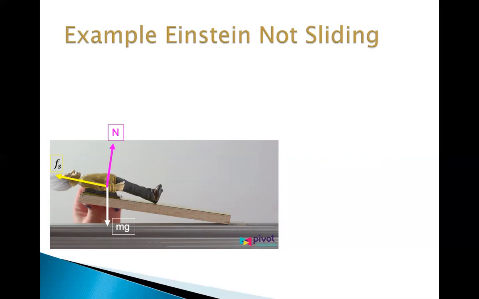If he is on a frictionless surface, say ice, then he would slide down. But since he's not sliding down, there must be a friction force, as indicated by the yellow arrow, holding him from sliding. This is the force that resists the tendency to move. So this is an example of static friction.